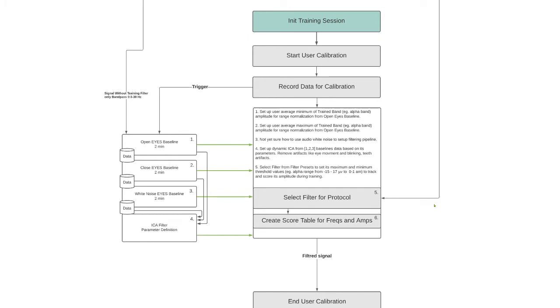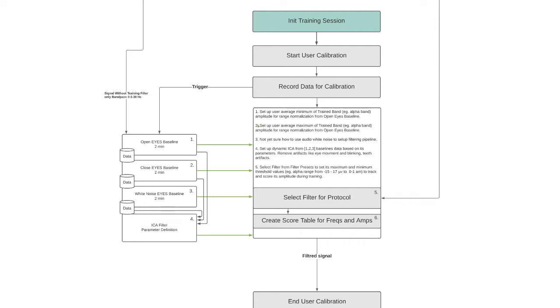And here we come to the part of the application for the training, where we record the data and we do some baselines with it. We also have here, as you can see, for prototyping, a white noise baseline, but we didn't use it in that application right now.